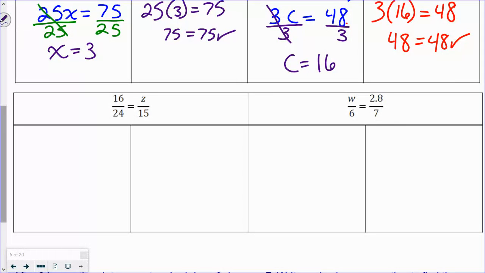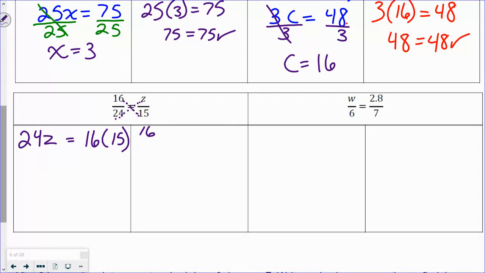All right, I always start with where the variable is, just so that I know my variable can be written on the left side of the equal sign. Does it really matter? No, it's more of a preference. All right, and then I gotta take my 16 times 15. Ooh, double digits.